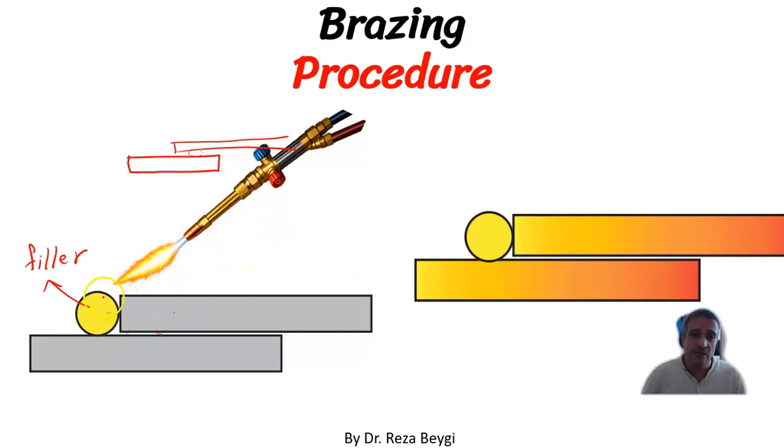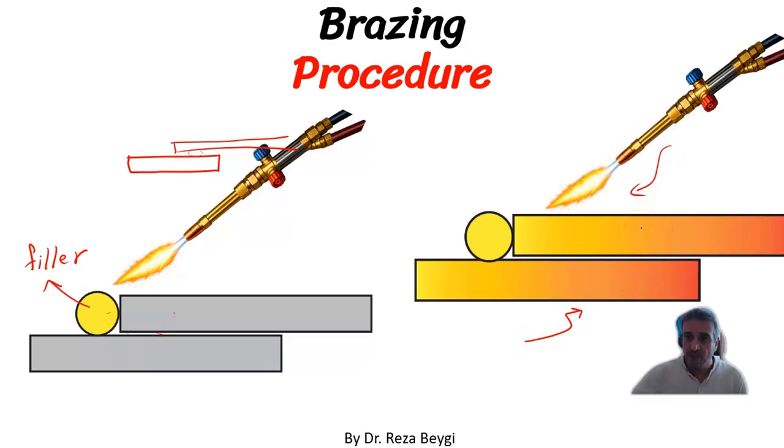Instead of heating the filler material, we heat the adjoints. And when the adjoints reach a critical temperature, this temperature is conducted to the filler material. So the placement of the filler material here is very important, because we should have contact with the base materials, so the heat can be conducted to this filler material.